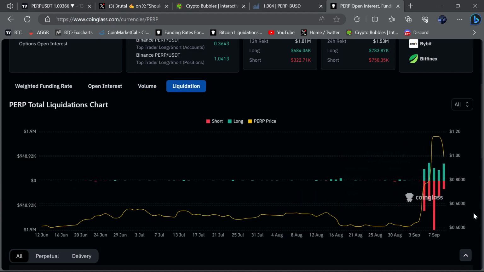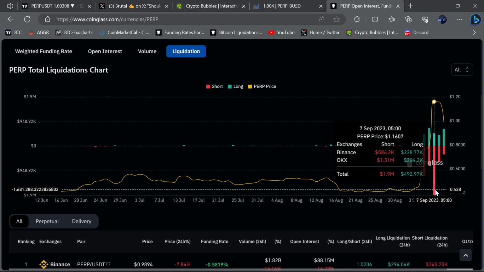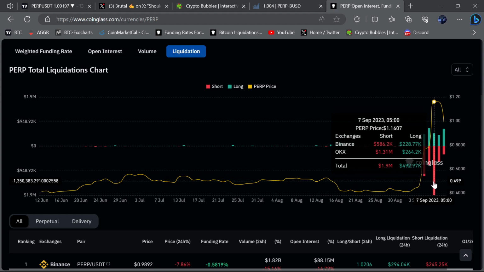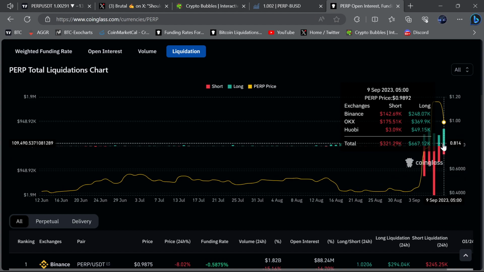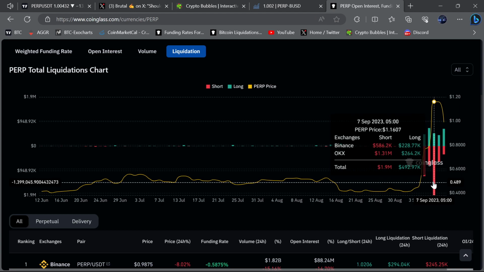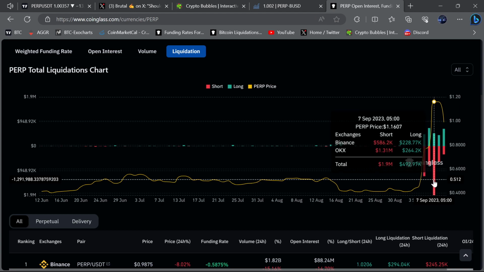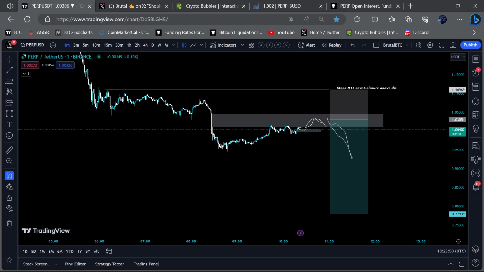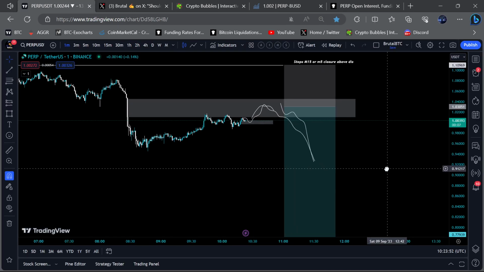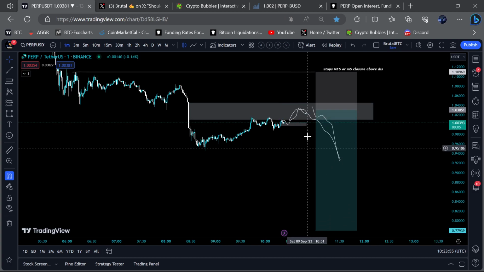Liquidation data, most of the shorts are already liquidated, so probably like 1.9 million shorts are liquidated on 7th September. So we also want to see almost like 1 or 2 million or more than that longs to be liquidated. Like we want to average these short liquidations into our long liquidations, or the long liquidations should be more, because the cartel was basically pumping this coin to remove the shorts and make money. So this is going to happen.